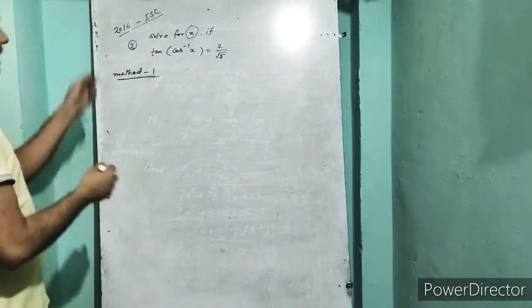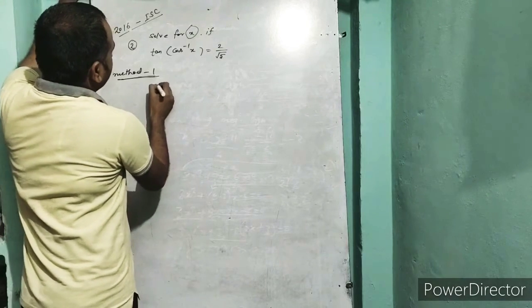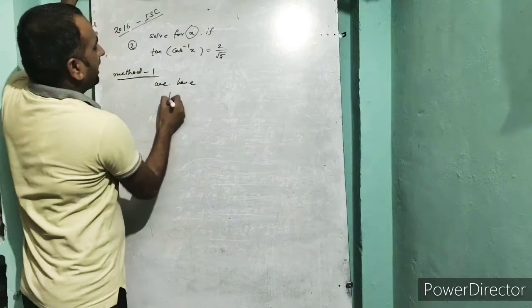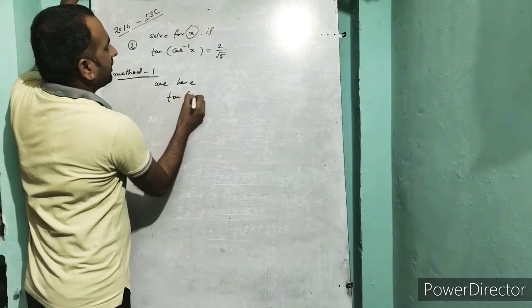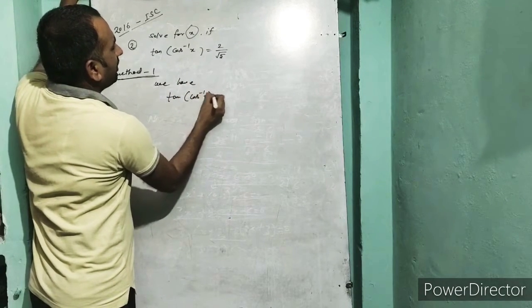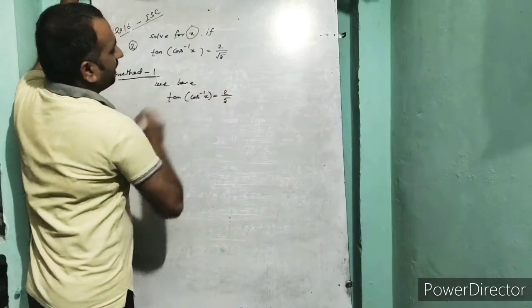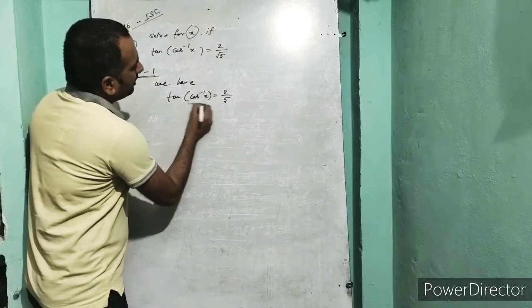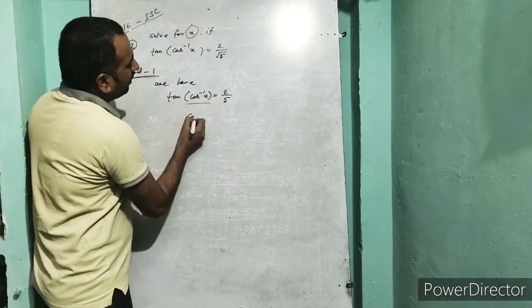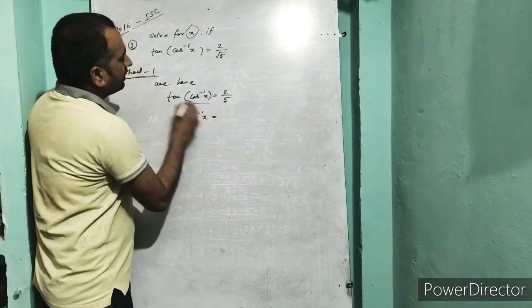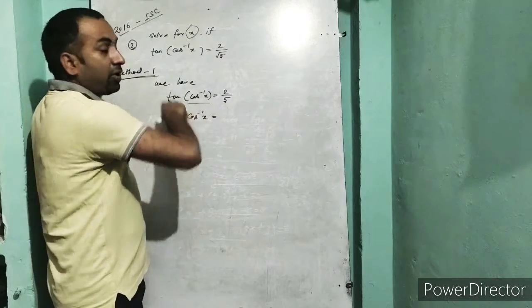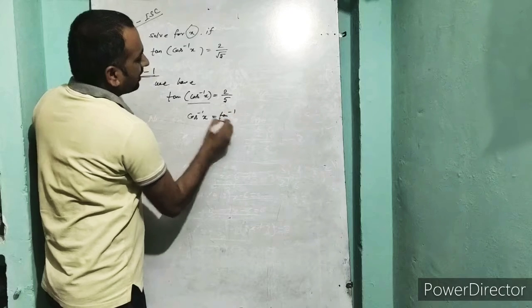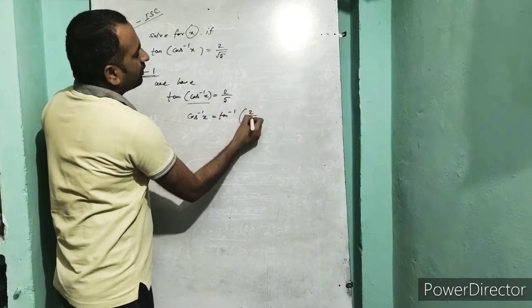We have tan of cos inverse x is equal to 2 upon root 5. Is it clear? So this tan will be transposed and will be represented in the form of an inverse. So it is cos inverse x is equal to tan inverse 2 upon root 5.